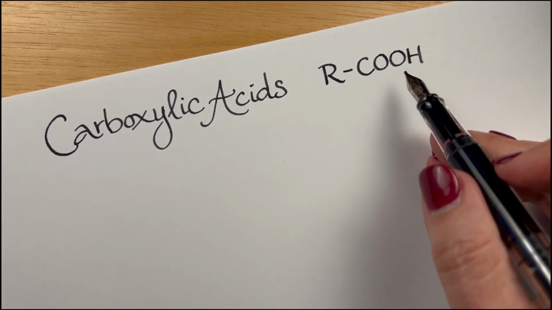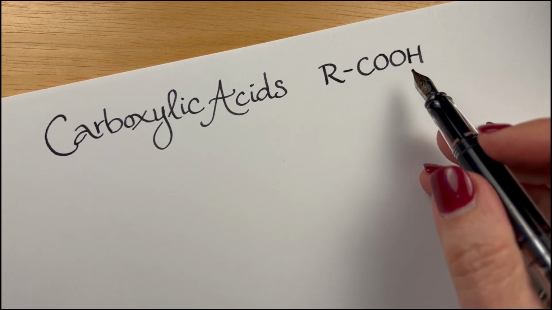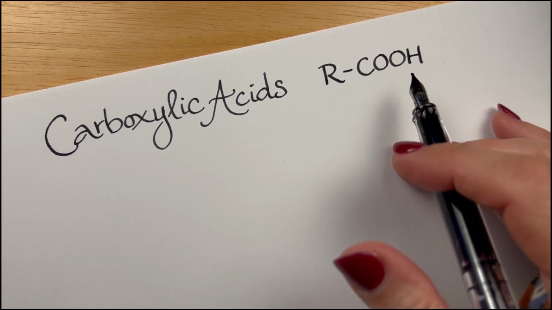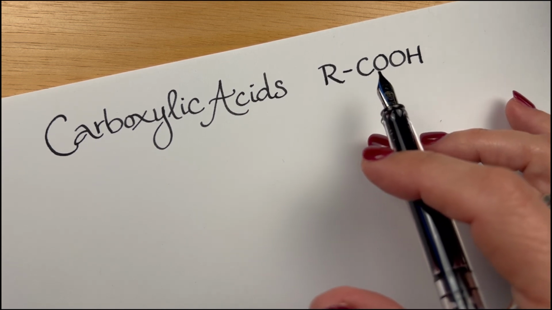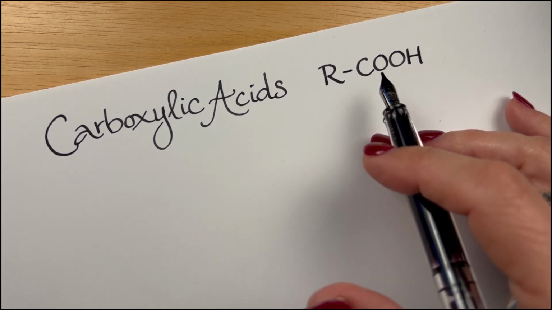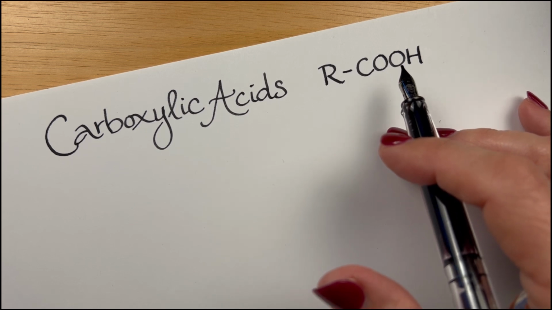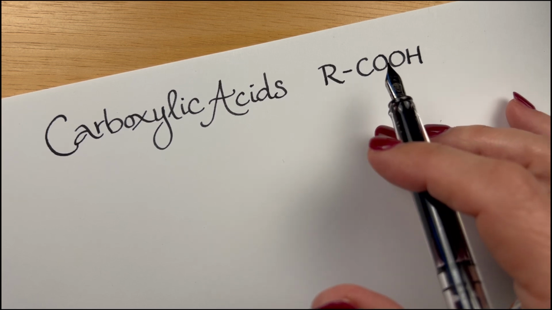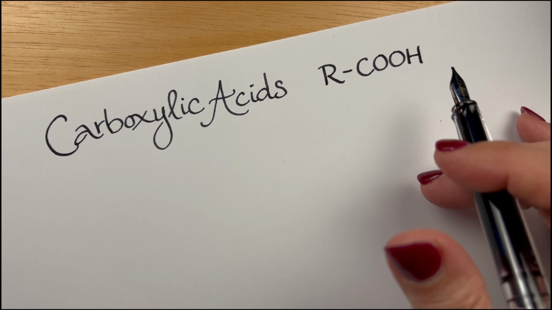This can be confusing for general chemistry students, for students who haven't learned a lot about organic chemistry, because it might be tempting to interpret this as carbon directly bonded to oxygen, which is then directly bonded to another oxygen, and then hydrogen. This would actually be a peroxide if it was bonded in that way.